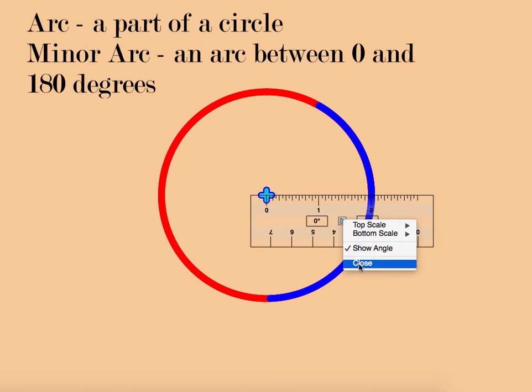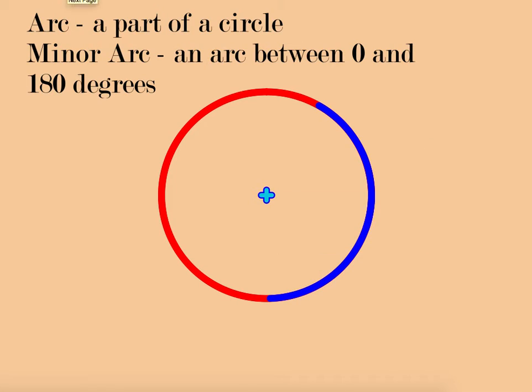Like that. The key there is that the minor arc has to be between 0 and 180 degrees.